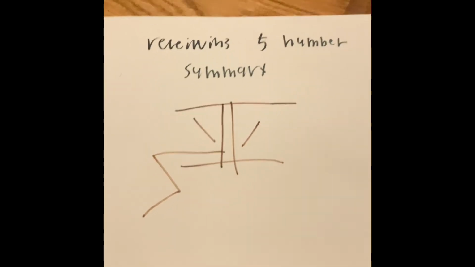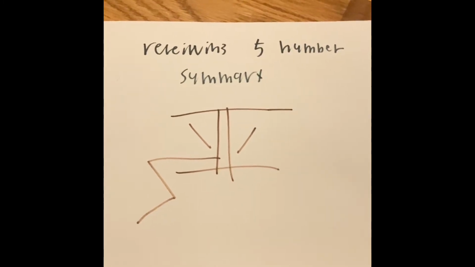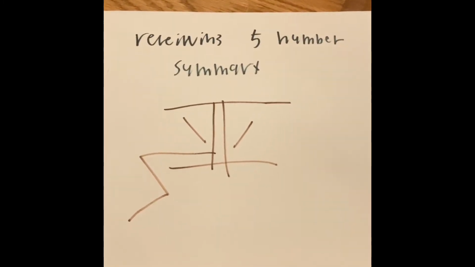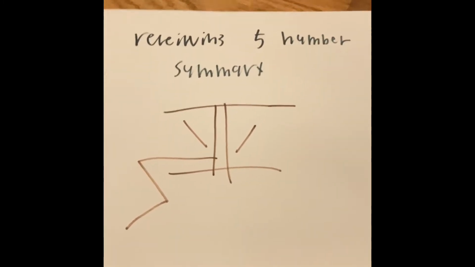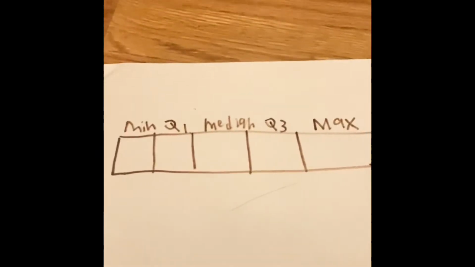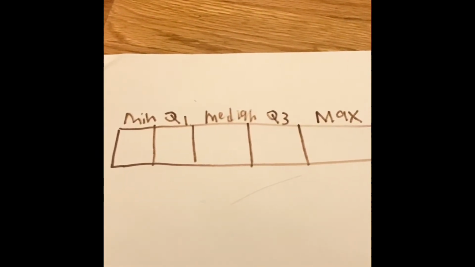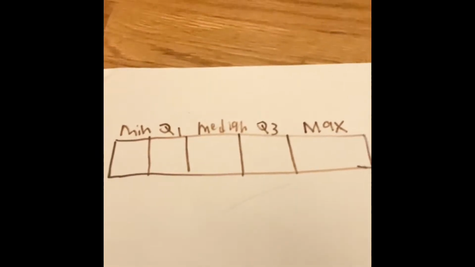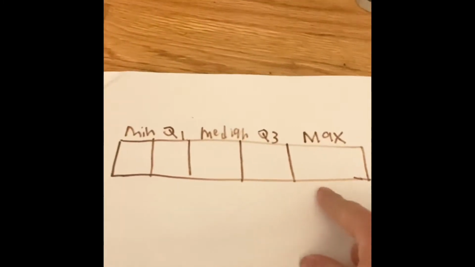Hey, topic: analyze math and history, and we're going to review the 5-number summary in statistics. We have been taking a look at the minimum, the first quarter, the median, the third quarter, and the maximum.